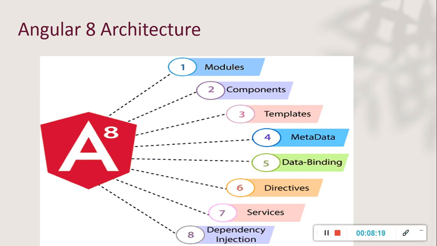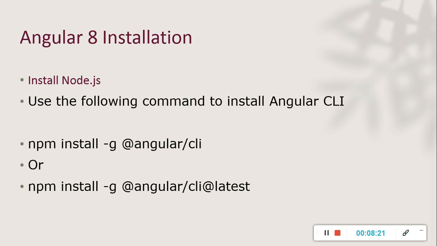Then next comes the installation of Angular. To install Angular, the very first thing we will be needing is Node.js. Once you have installed Node.js, you can install Angular CLI. This is the command you can find on Google, or I will mention it in the description as well.